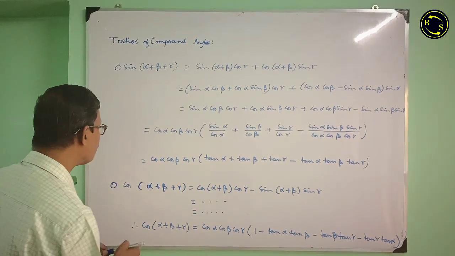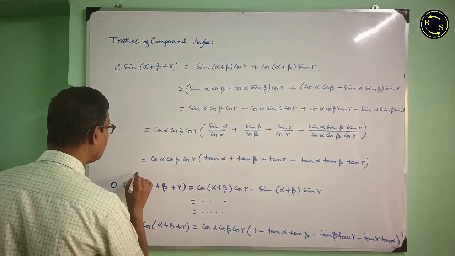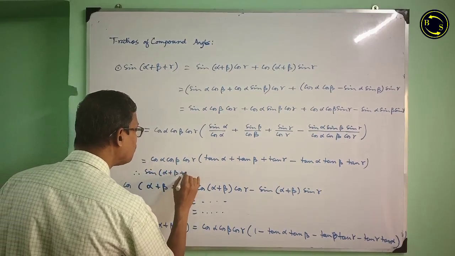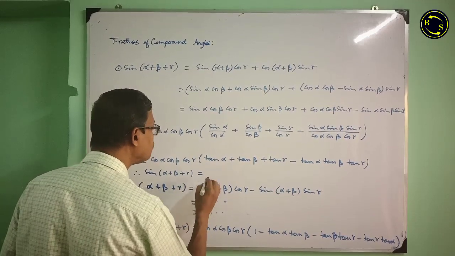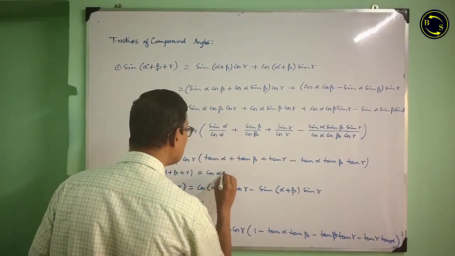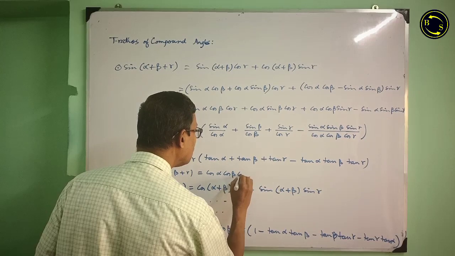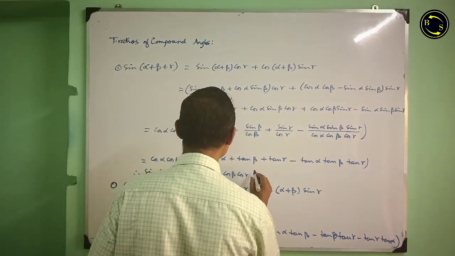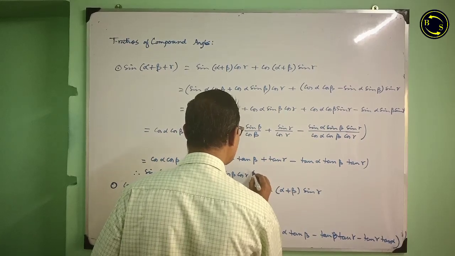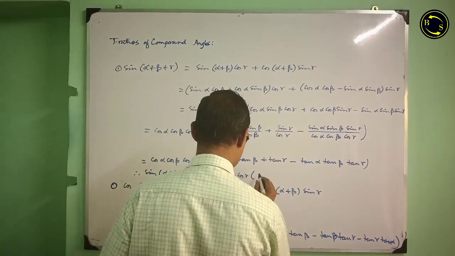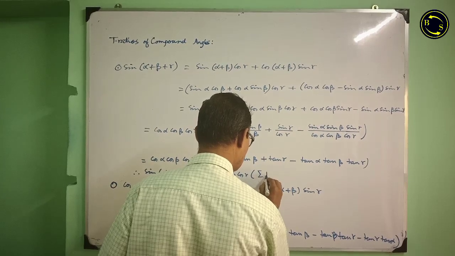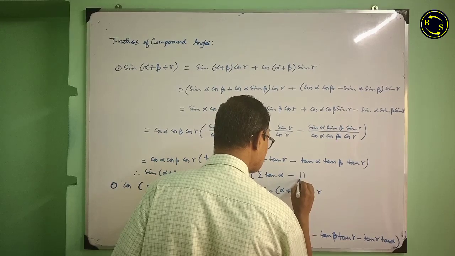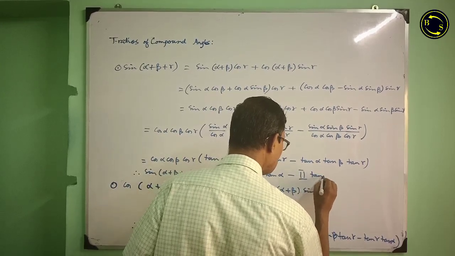Therefore sin of alpha plus beta plus gamma is equal to cos alpha cos beta cos gamma, and if we use the summation, it will be summation tan alpha minus product tan alpha.